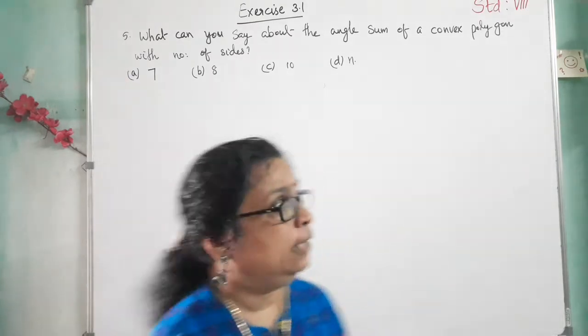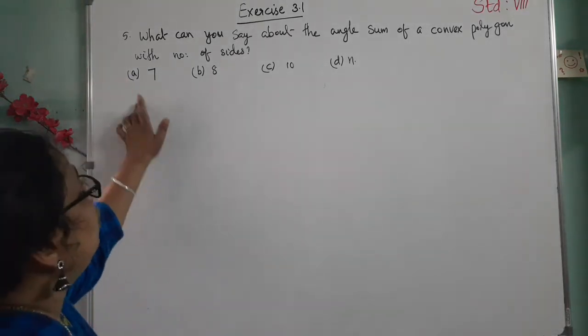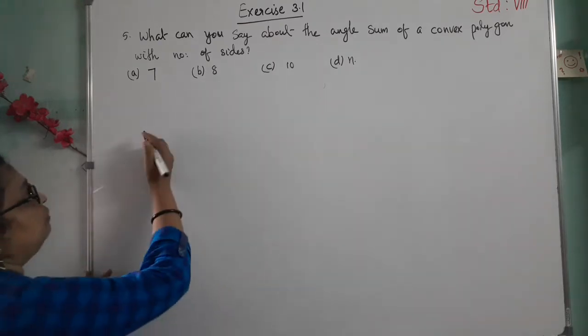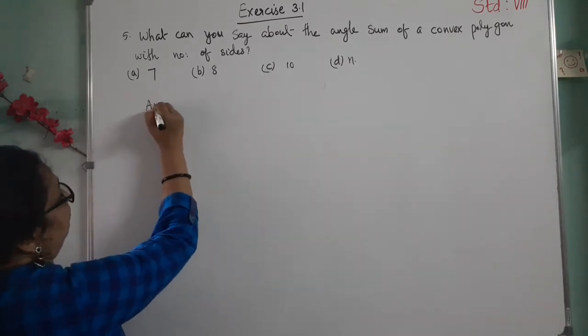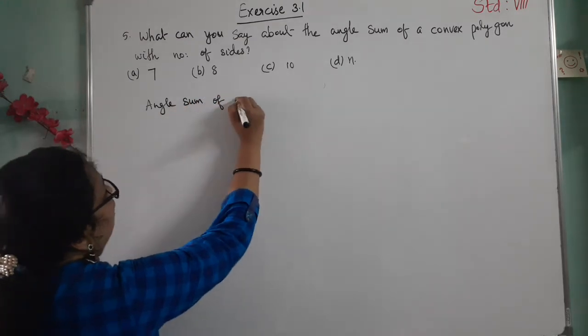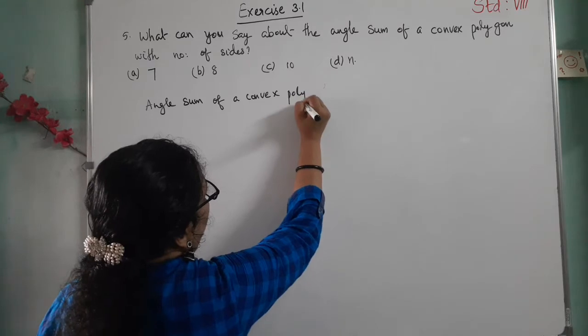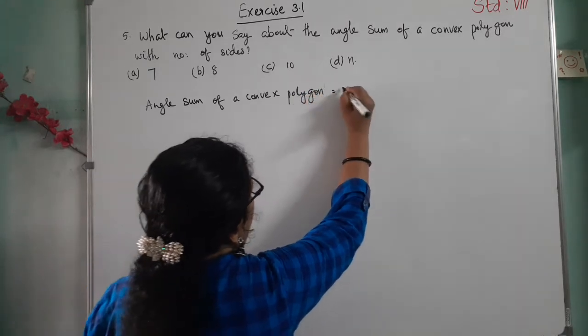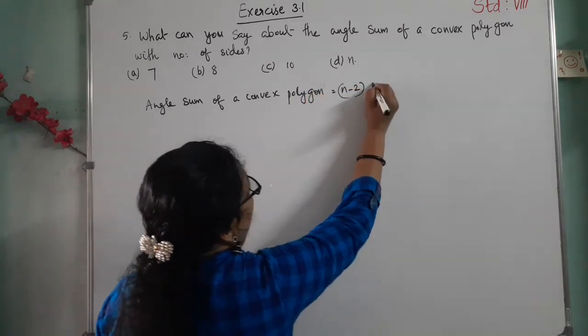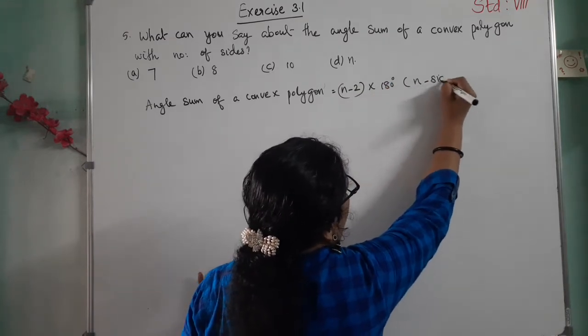Then fifth question: what can you say about the angle sum of a convex polygon with a number of sides? We know that the angle sum of a convex polygon is given by the equation (n minus 2) into 180 degrees, where n is the number of sides.